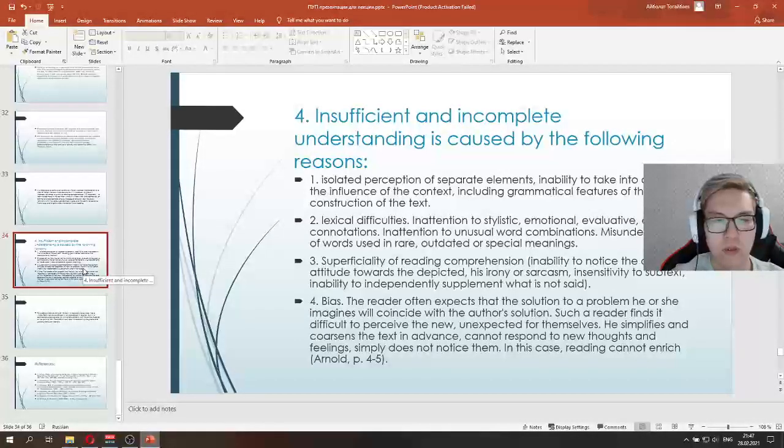The reader often expects that the solution to a problem he or she imagines will coincide with the author's solution. Such a reader finds it difficult to perceive the new, unexpected for themselves. He simplifies and coarsens the text in advance, cannot respond to new thoughts and feelings, simply does not notice them. In this case, reading cannot enrich.